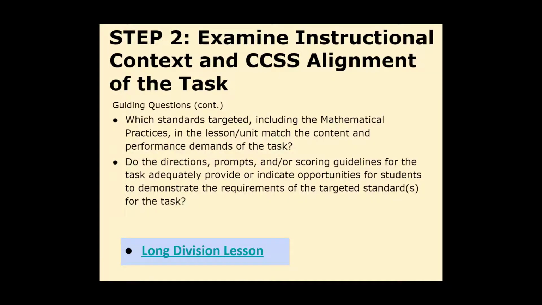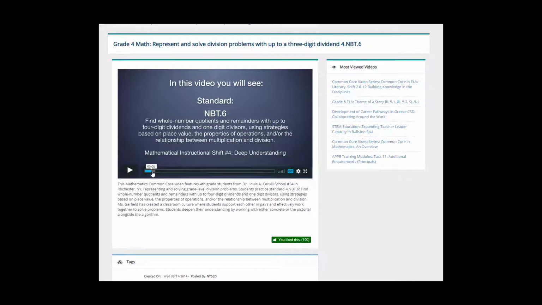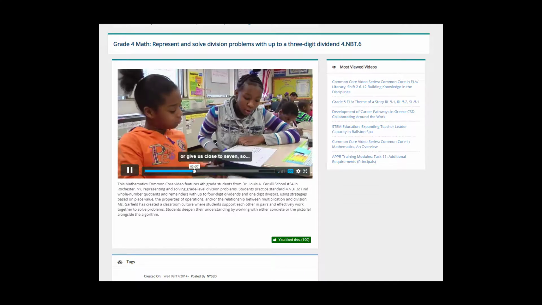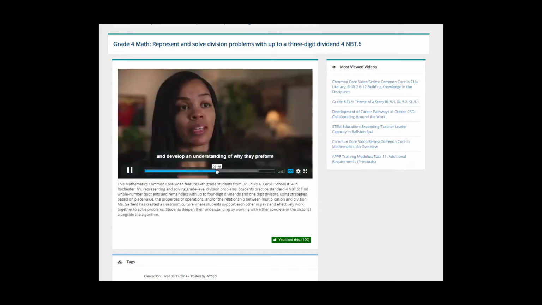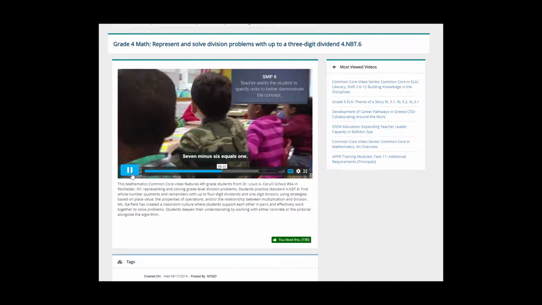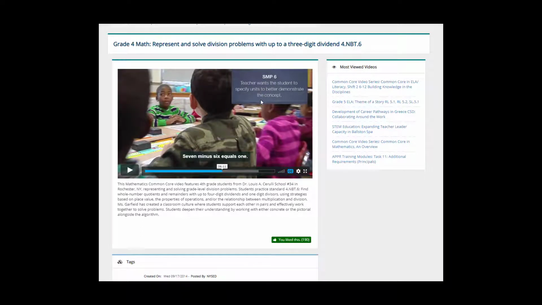Another thing we wanted to do is take a look to see which mathematical practices were covered in this. And in her video, I'll see if I can find it. Okay, she uses: teacher wants student to specify units to better demonstrate the concept. So they're saying that this is an example of math practice 6.